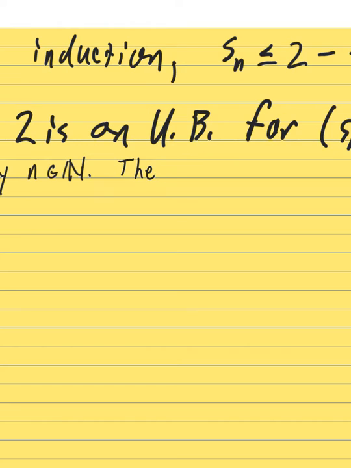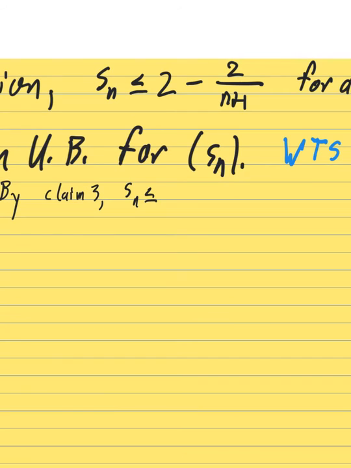By the thing we just proved, claim 3, S sub n is less than or equal to 2 minus 2 over n plus 1. So that's 2 minus some stuff. When you subtract some stuff that's positive, you make the thing smaller. I'm going to rearrange this just a little bit.